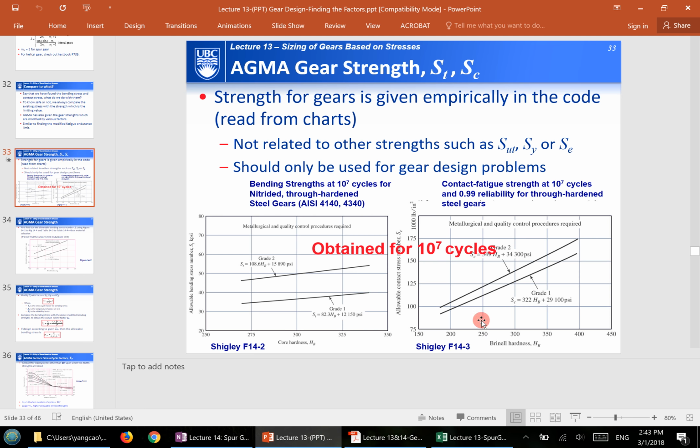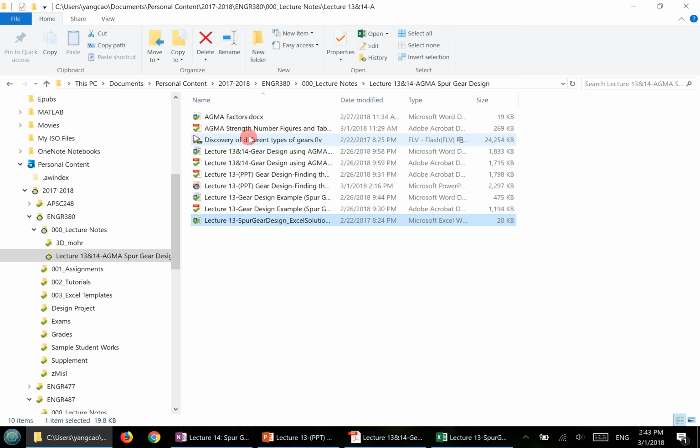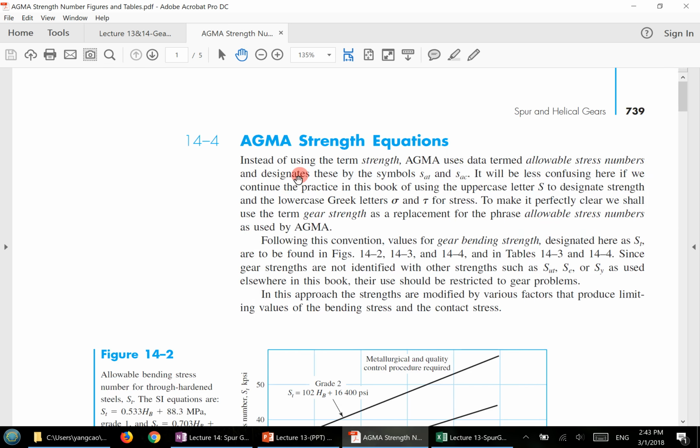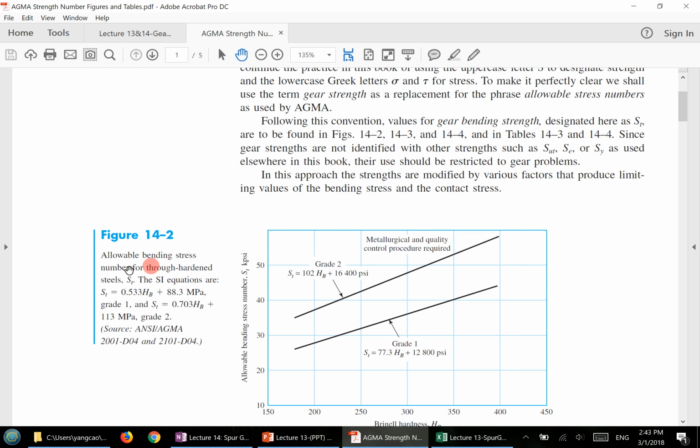So how do you use this figure? Actually, sorry, 14-3 is called contact strength. I'll show you the figures from the textbook. This is better. This is 14-2.